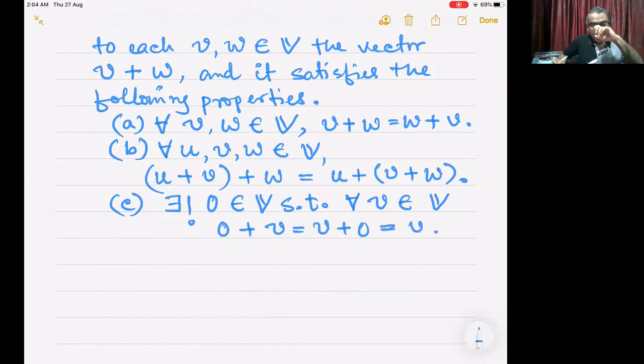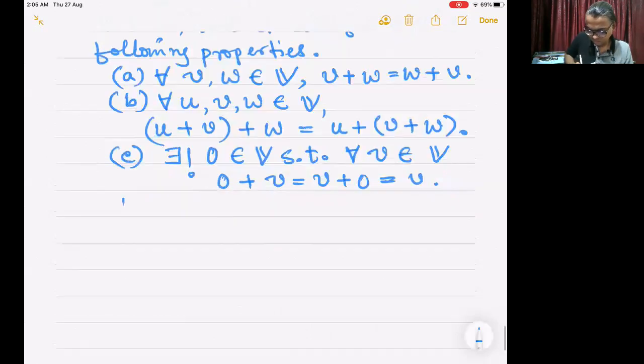So this is the additive identity in the vector space. Remember, this 0 is different from the 0 in the field. So this is called the additive identity.